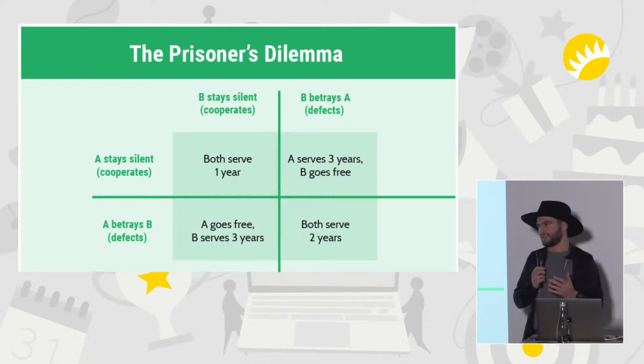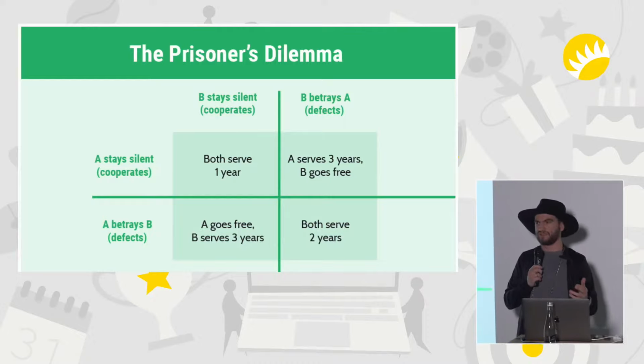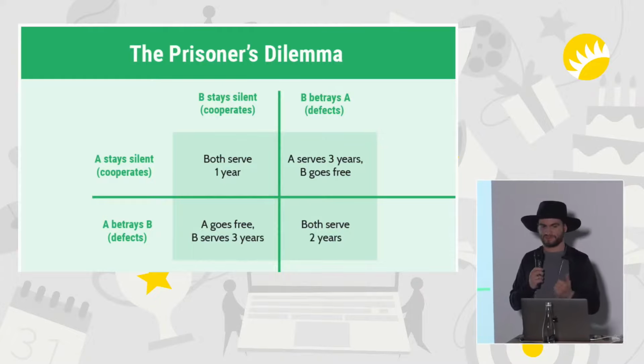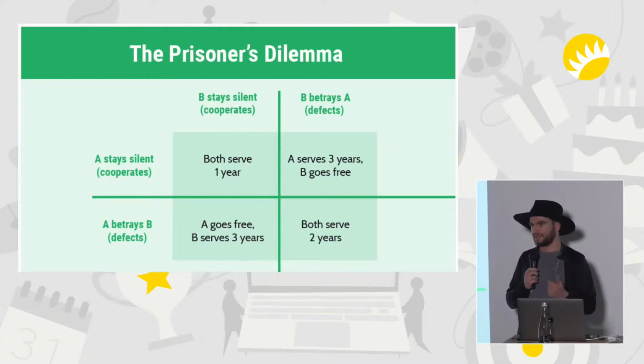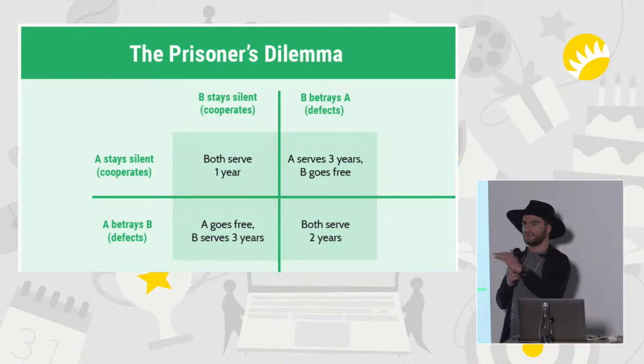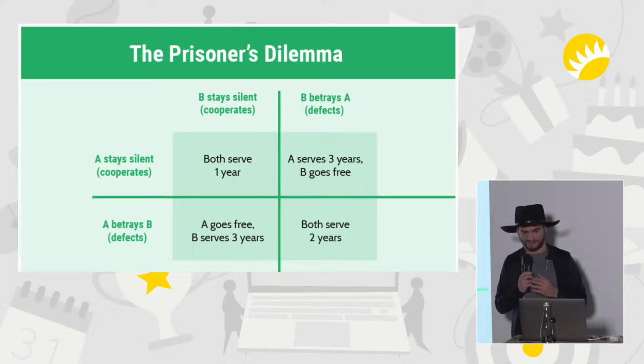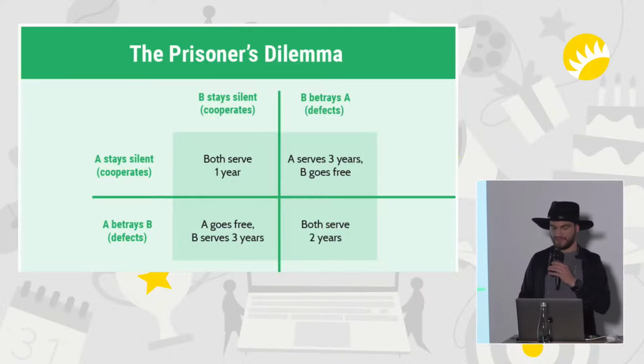We're sitting 2 years all the time instead of 1 year. We need to agree that next time when they catch us, we will both stay silent. And finally it starts to work in the future, when people learn how to cooperate and they serve less time in the end.